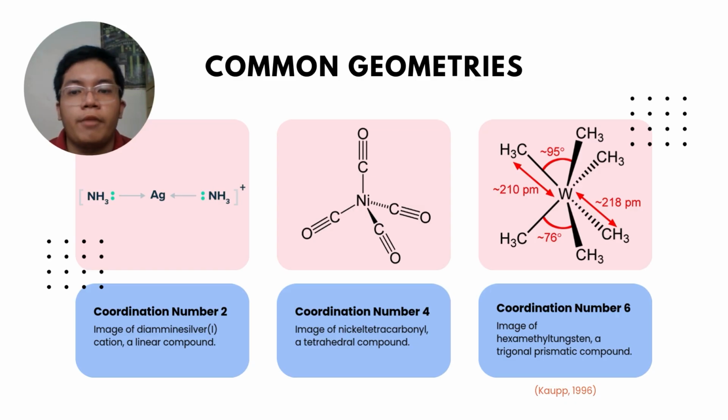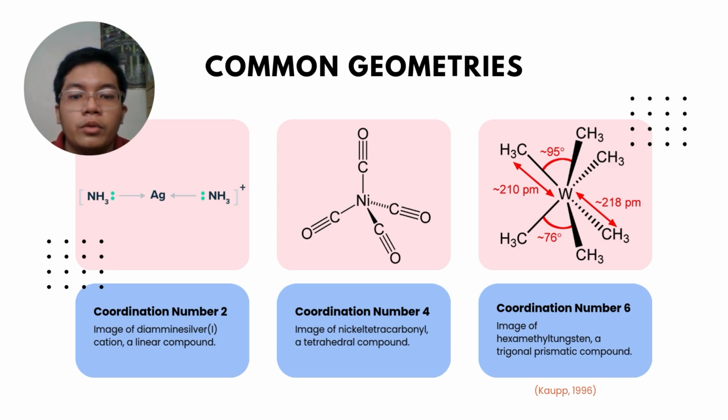The third and final entry of our common geometries would be for coordination number 6. The shapes for this geometry are either hexagonal planar, octahedral, or trigonal prism. Hexagonal planar compounds are unknown or not available for first-row transition metals, with ligands attaching to a central atom at 60 degrees of each other.